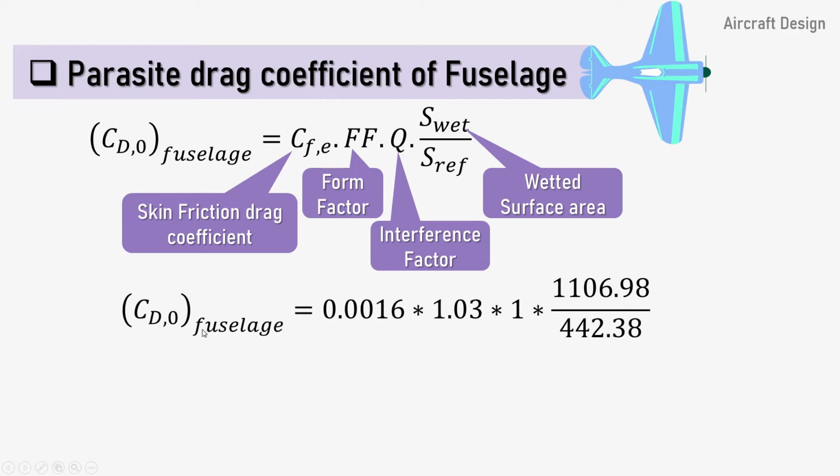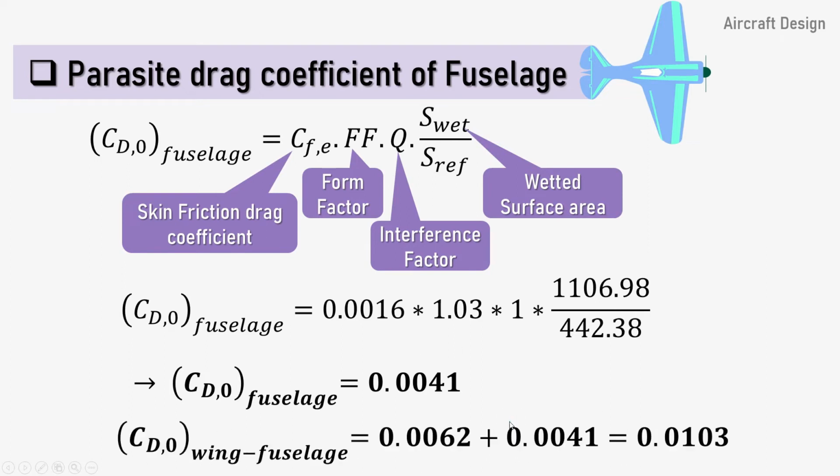Now substituting 0.0016 into 1.03 into 1 into 1106.98 by 42.38, we get around 0.0041. Right, now combining this wing body configuration for parasite drag, it comes to around 0.0103.